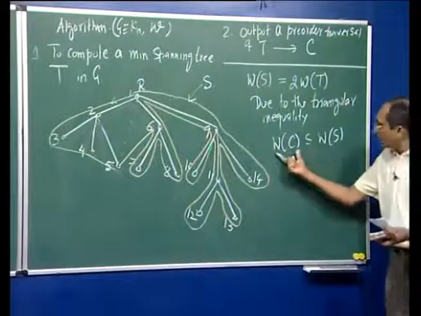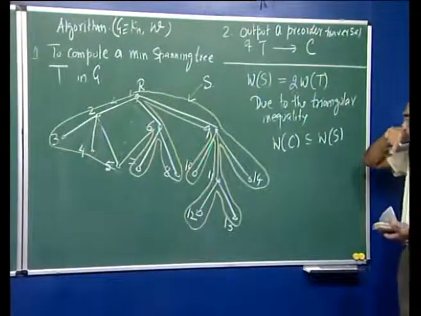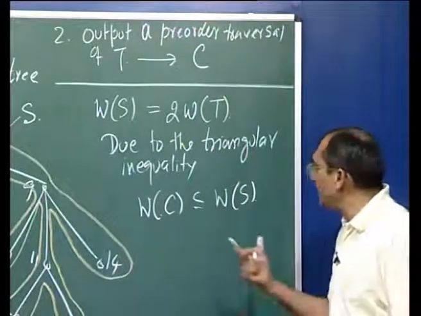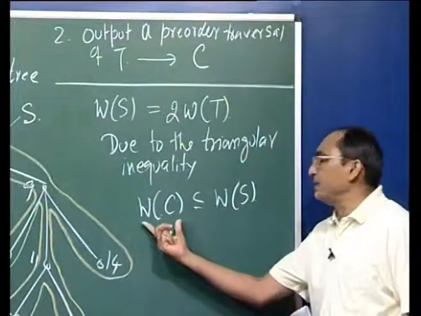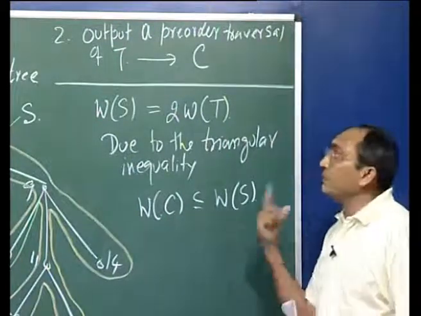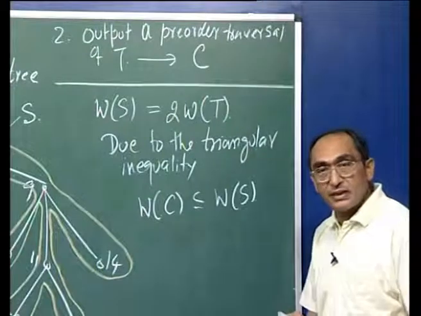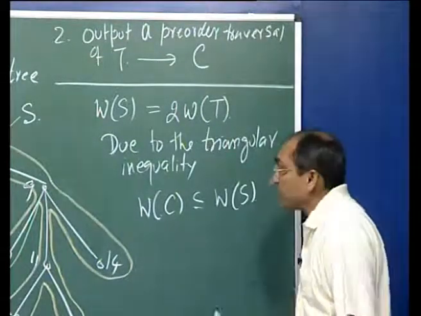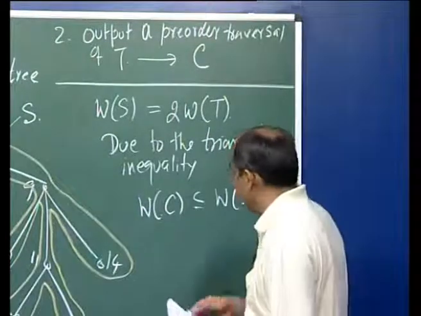Okay. So, we now have at least an upper bound for the weight of the C, but still we have to somehow bound this above by the weight of the optimum traveling salesman problem solution. All right, but that is also very easy.